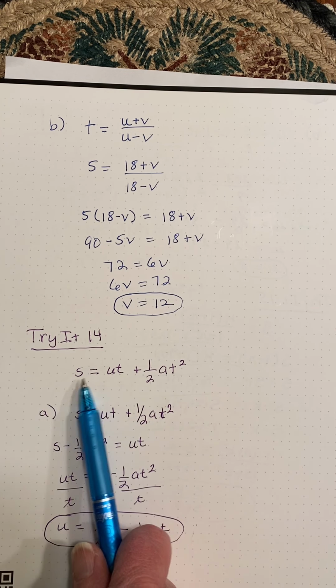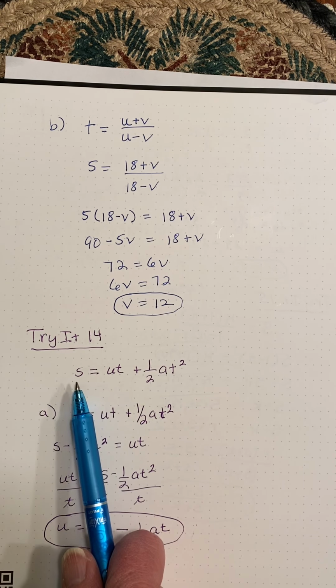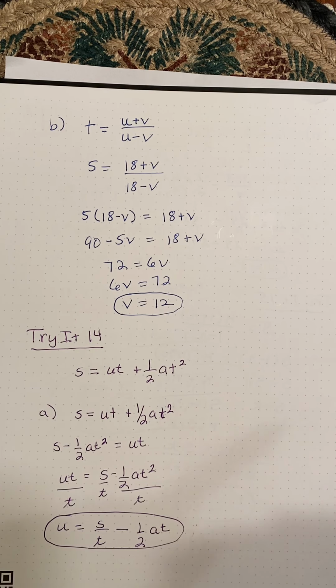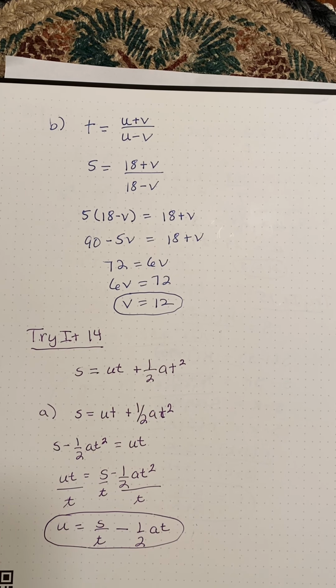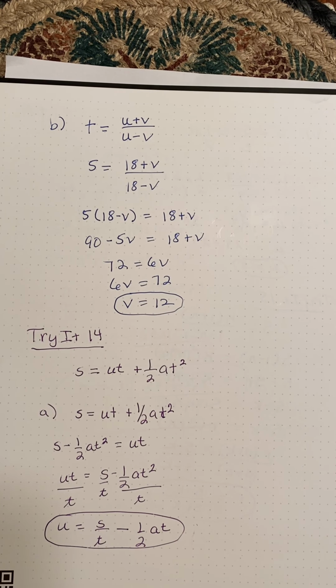That means instead of s equals, we want to get u equals something. You might wonder, why do you even want to do that? Because you can just plug in numbers, but evidently it is sometimes advantageous to do this if the numbers are wonky, and sometimes it's just easier to do it this way.